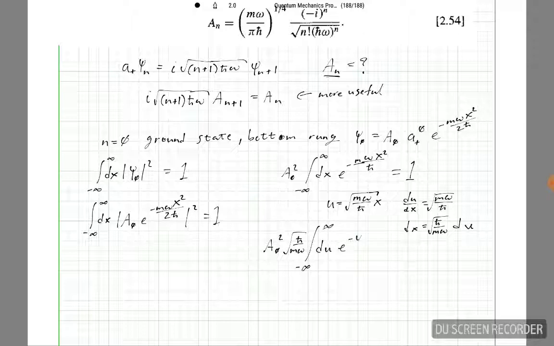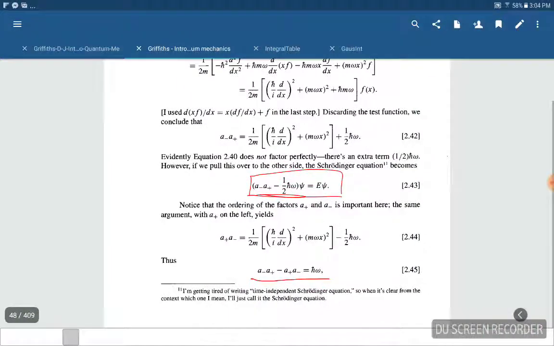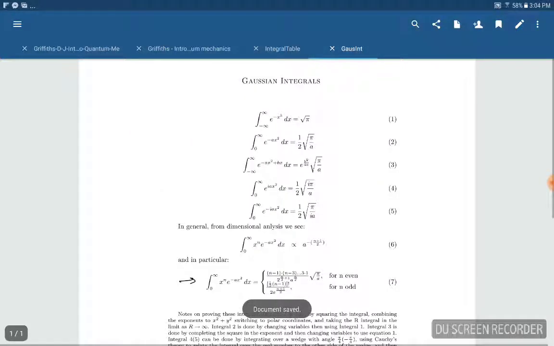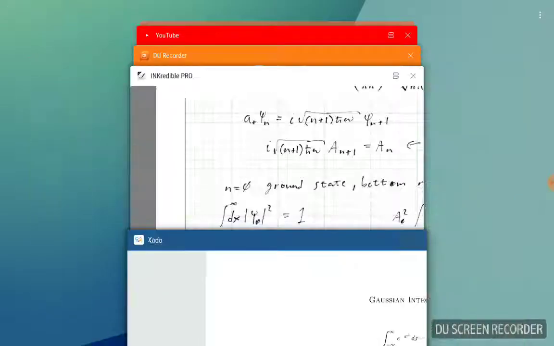Then I have du times e to the negative u squared. If you want, you can always look that up on an integral table. I have it right here. So the integral of e to the negative x squared dx is just the square root of pi.